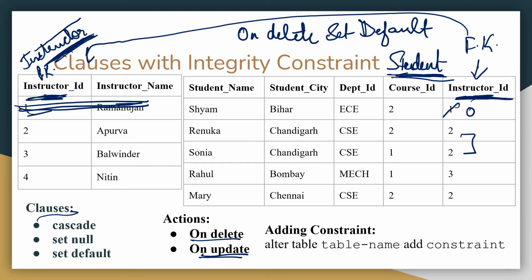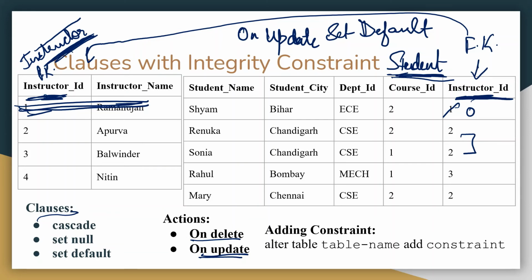Then let's see how we do it when we have the update command. Similarly, if we put on update, so let's say I change the instructor name, right? So is it going to affect the student table? No, because instructor name is not present as a foreign key in the student table. So only if I change the instructor IDs, it is going to affect the student table.